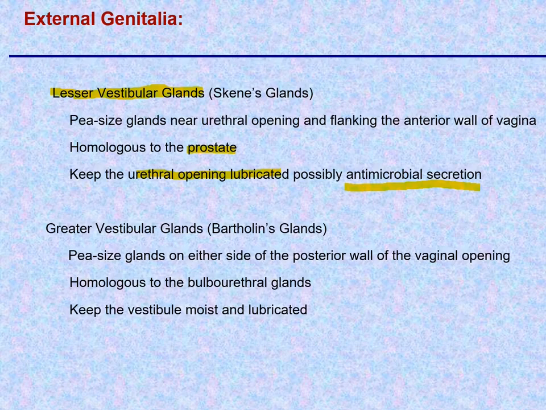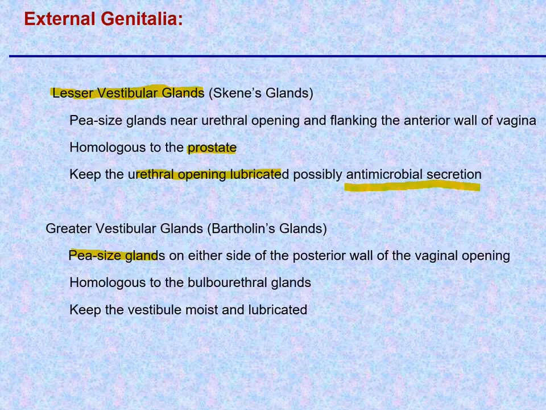But inside are these pea-sized glands on either side of the posterior wall, which you might consider the lower wall or the more dorsal wall of the vaginal opening.